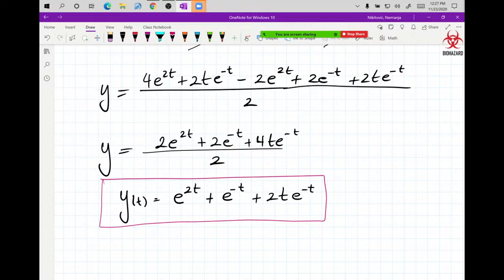The only thing that's left in 7.2 is to talk about the integral transforms, because the integrals also transform, right? They also have their own transform.